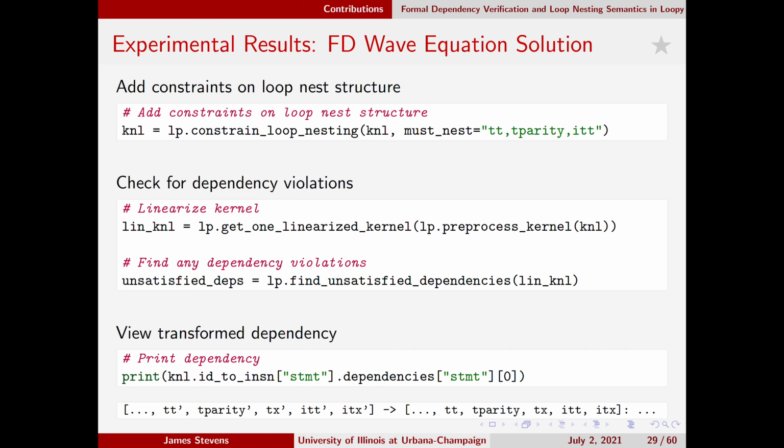Note that our original dependency was expressed in terms of x and t, and as each of these transformations is performed, we also perform any necessary transformations or changes to relevant dependencies. So this dependency, for example, is now expressed in terms of the new loop indices.